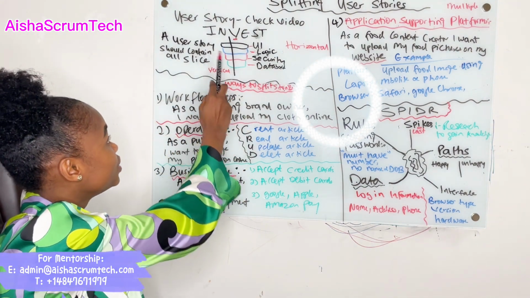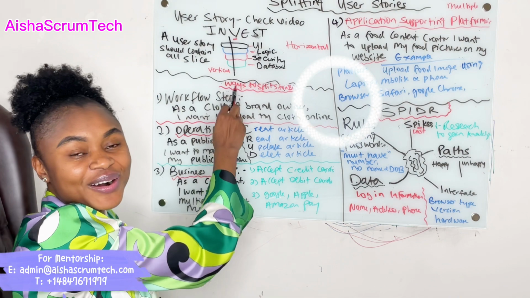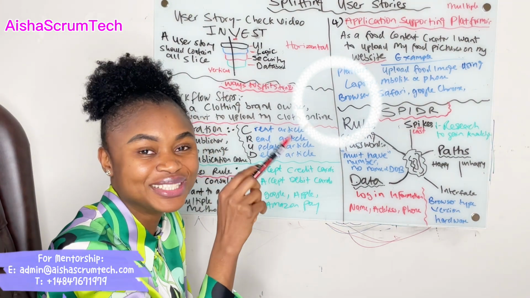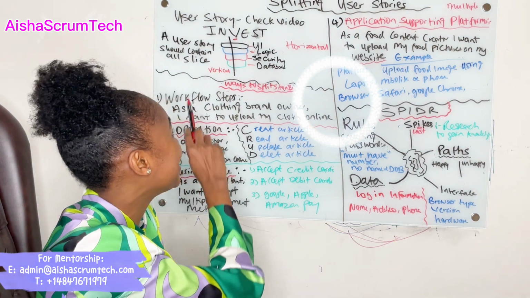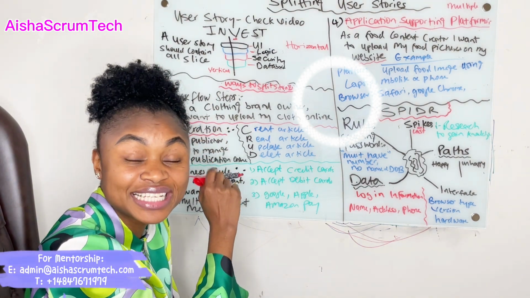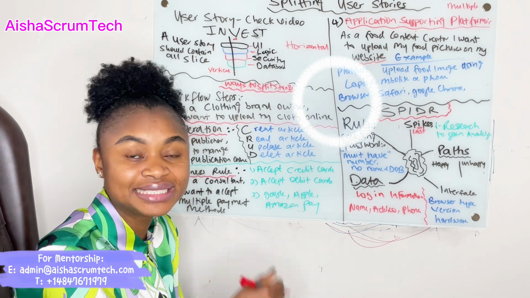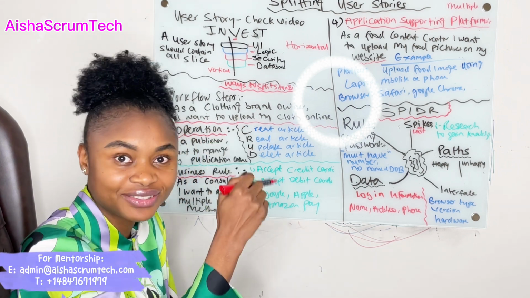So going back to my little cake design here, I know I just drew little colors. Well, this is my cake. Basically, at all times we want our user story to be end-to-end, vertically sliced.